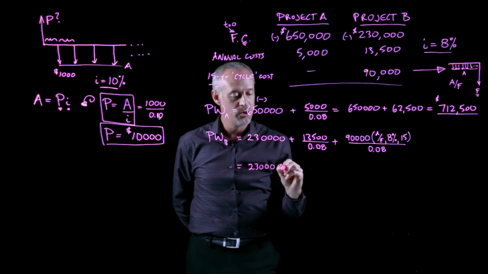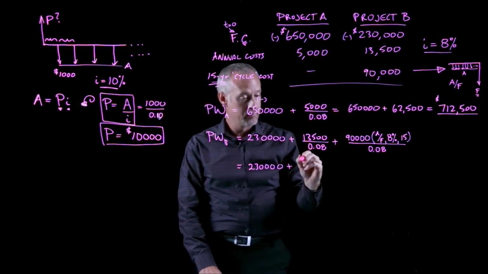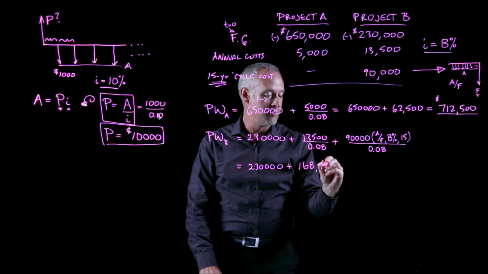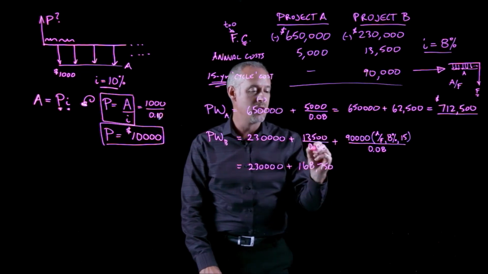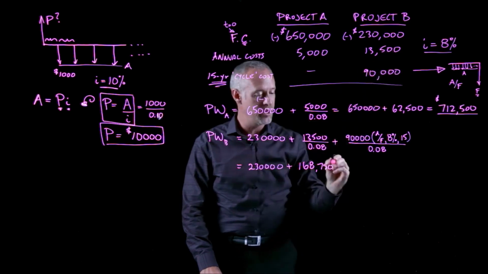We have our $230,000 first cost. We have $168,750 as the present worth of the $13,500 perpetuity.